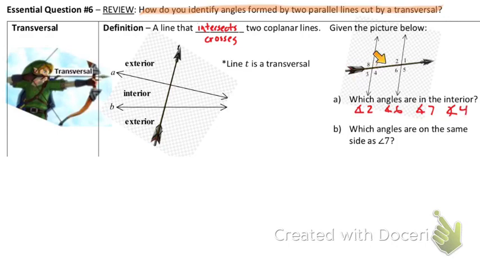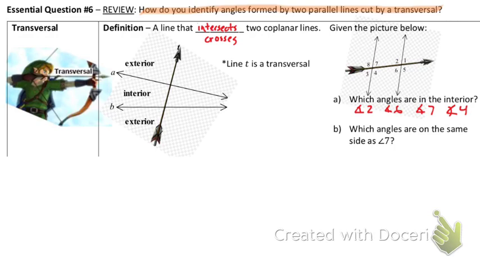So I think I said that incorrectly at first. It's 2, 6, 7, and 4 are the interior angles. Okay? The exterior would be 8, 3, 1, and 5. These would be exterior angles.